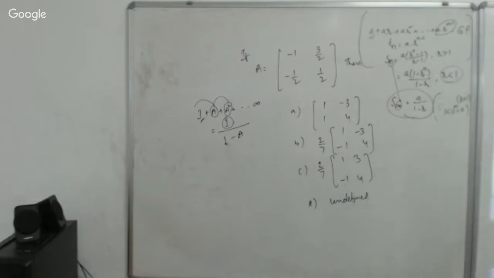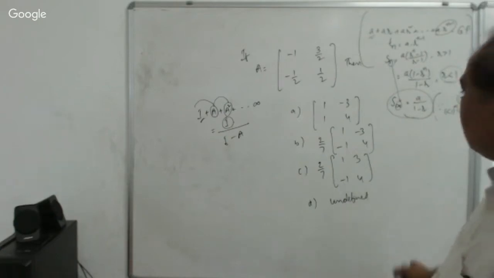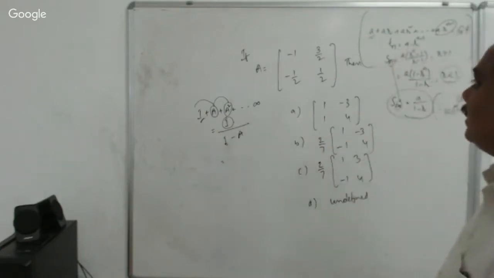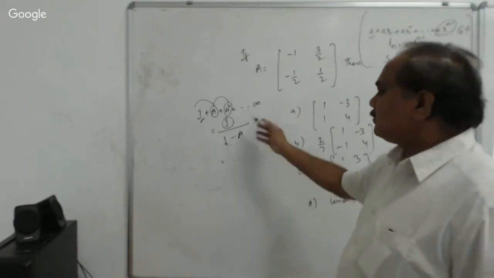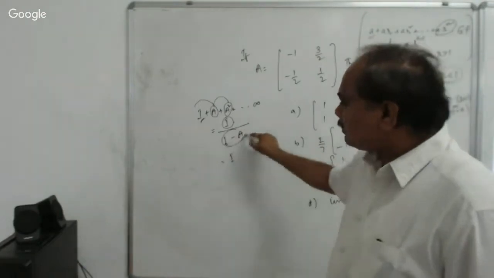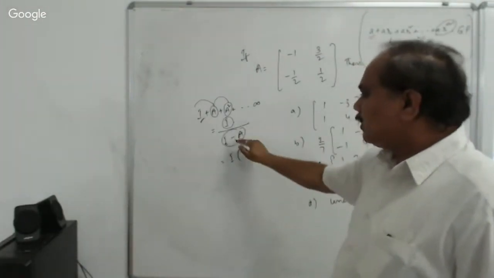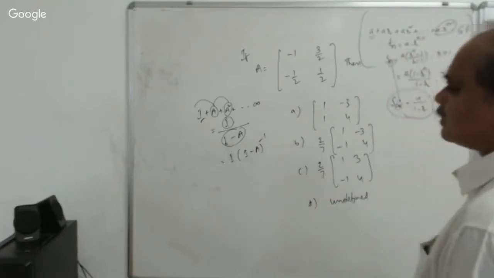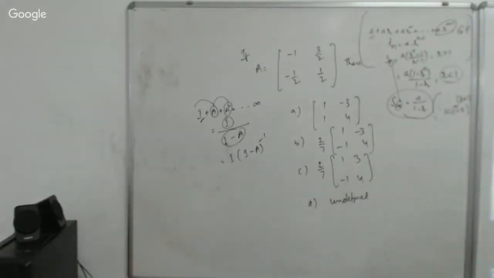In matrices, instead of the real number 1, we write I. Now take this term to the numerator, and it becomes the inverse: I into (I minus A) whole inverse.